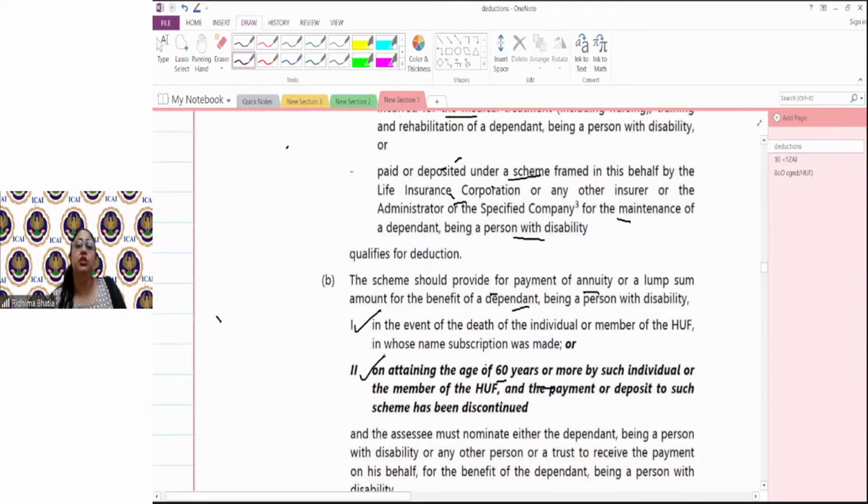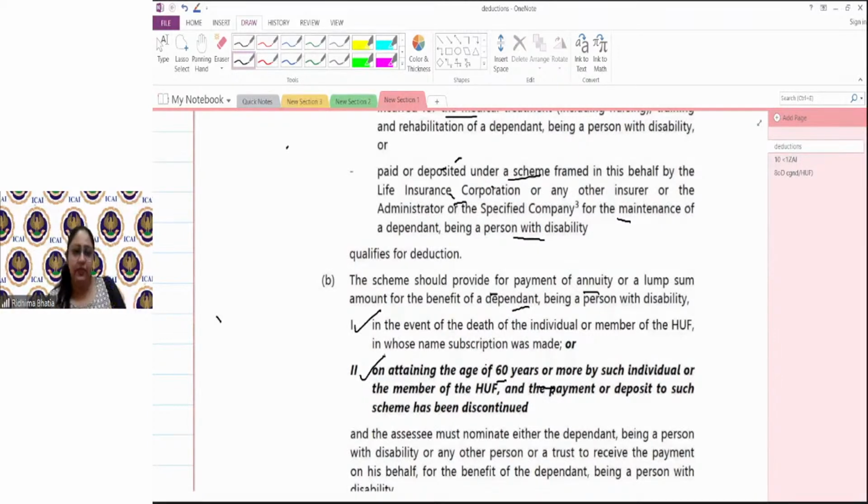But earlier, the condition was that the money would be received only when the assessee dies, only then that scheme would be eligible for deduction. But now with the amendment which has come, the assessee also can become a senior citizen, and he also has now a less income scope, or he also has now more things to take care of, including his health.